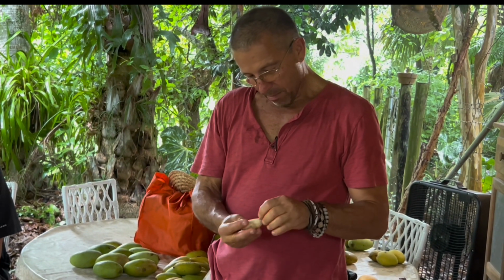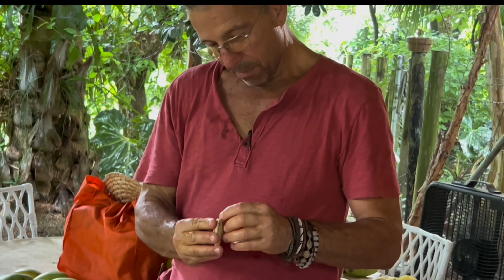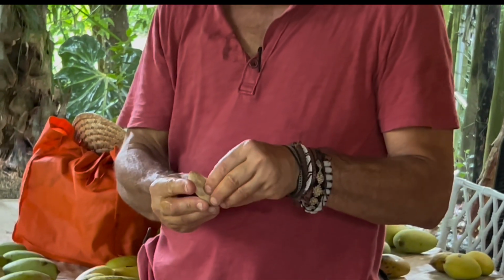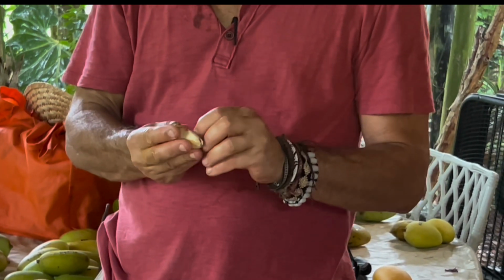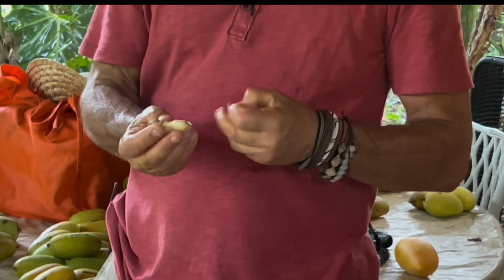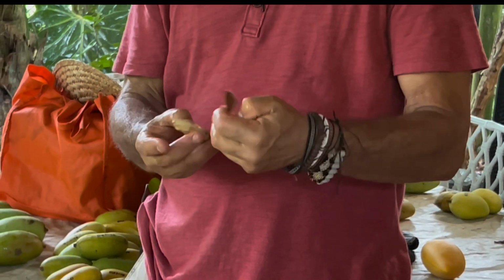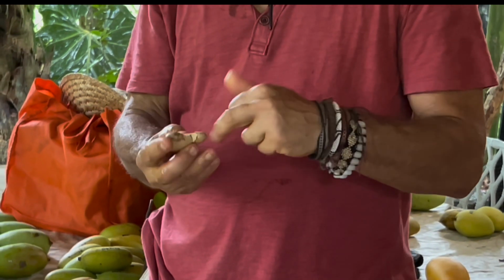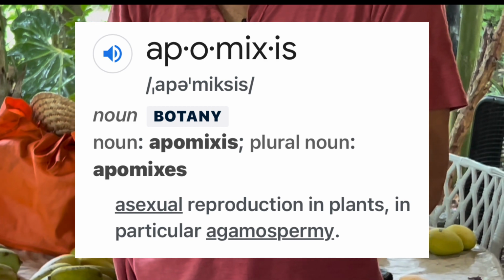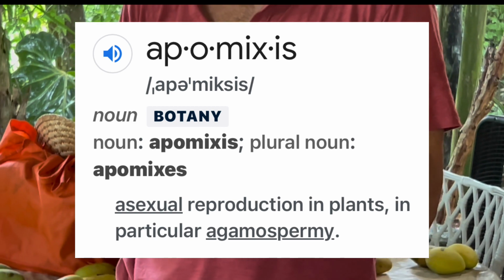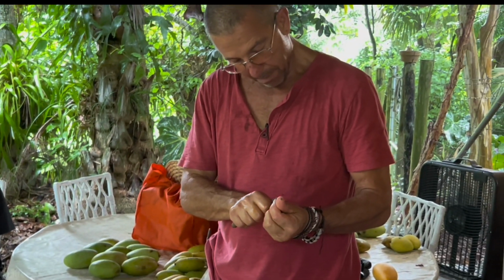Because these seeds are polyembryonic, which means they produce multiple embryos that are genetically identical to the mother. So mangoes and a lot of fruit trees have this ability. It's called apomixis, the production of these multiple embryos.